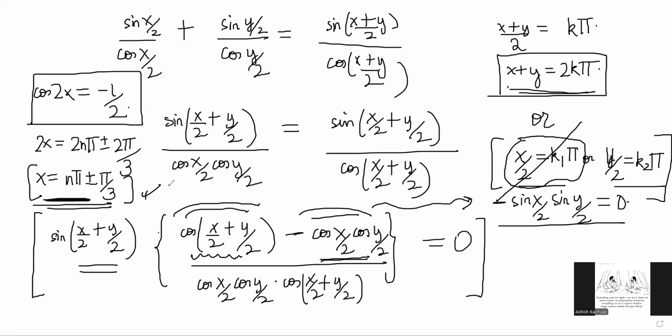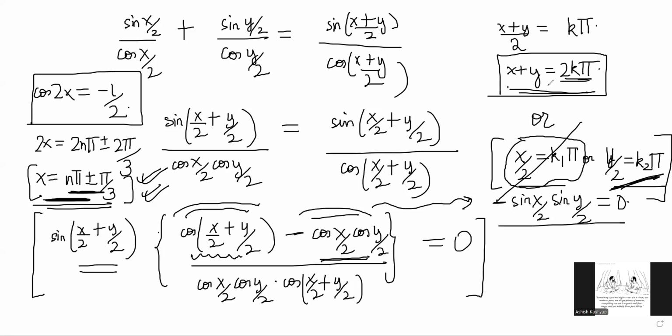This is already a general set of solutions for x. Now you have to see either y will be 2k pi minus this or y can be 2k2 pi. Do you understand what I'm saying? X is already fixed.